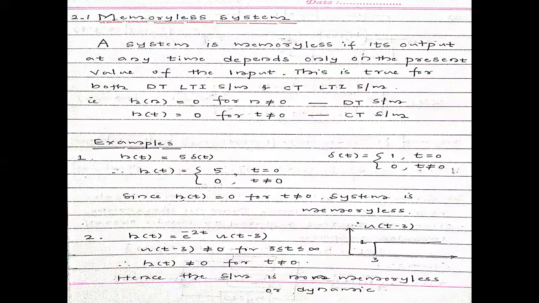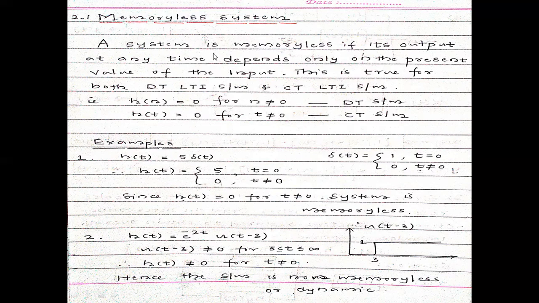So once we understand the interconnection of LTI systems, there are three important properties of LTI systems in terms of their impulse response, either h of t or h of n. So now the first property we'll discuss, that is memoryless system, and we know what memoryless systems are, as we already studied in the system properties.